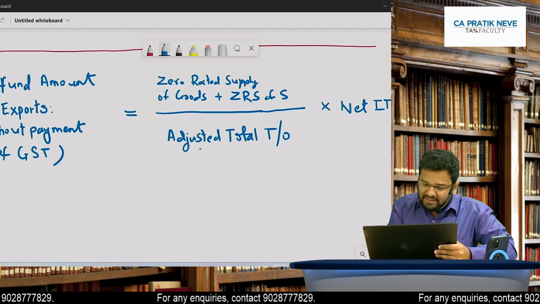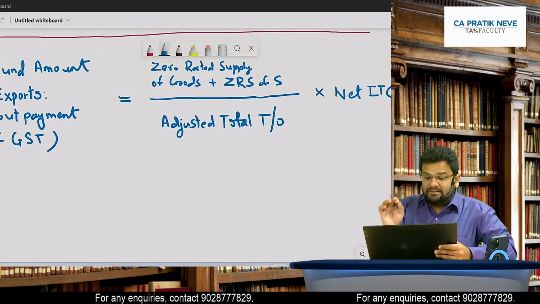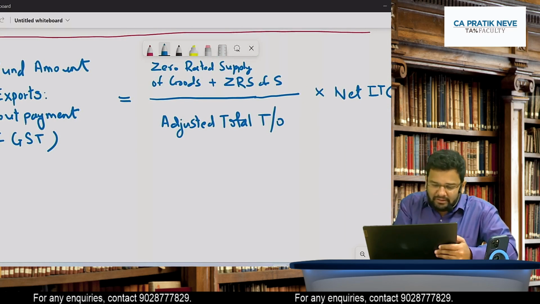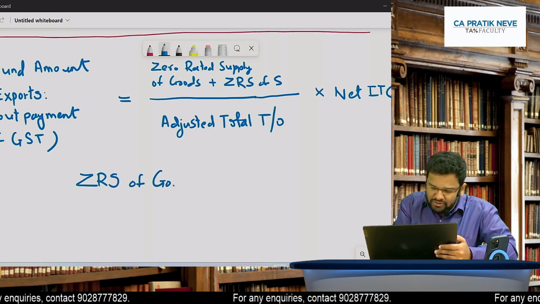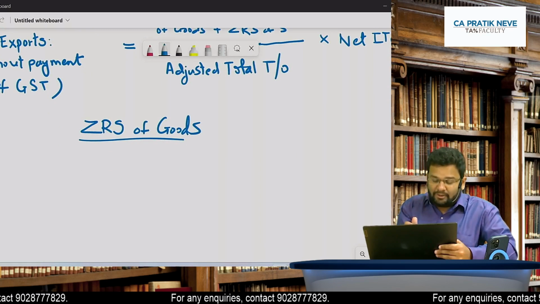Now listen to one thing. Why I am calling this as adjusted total turnover? Because zero rated supply of goods का जो turnover है ना, how much will be its turnover? How to calculate that?